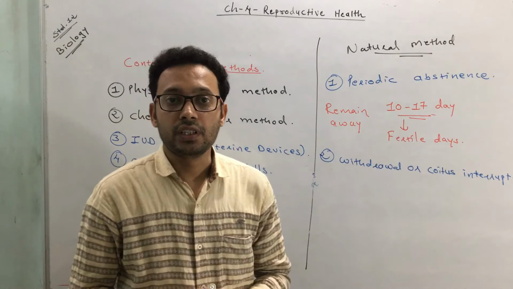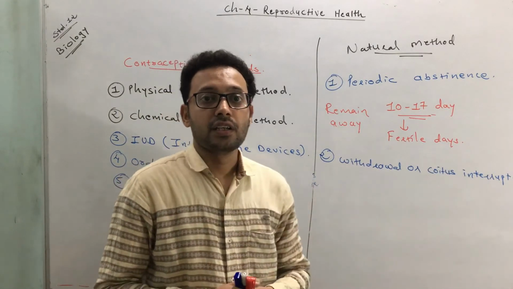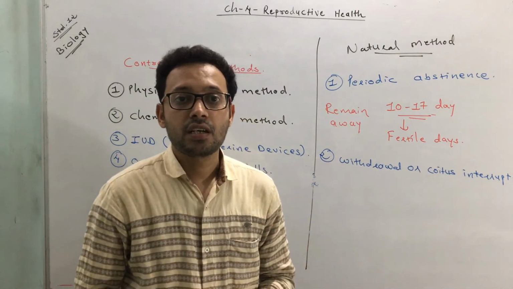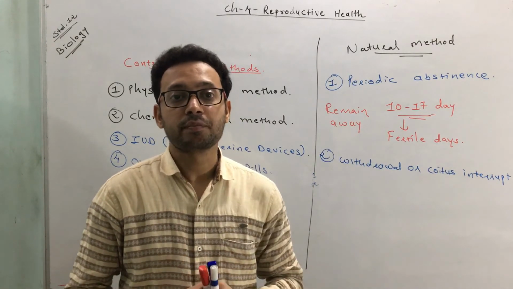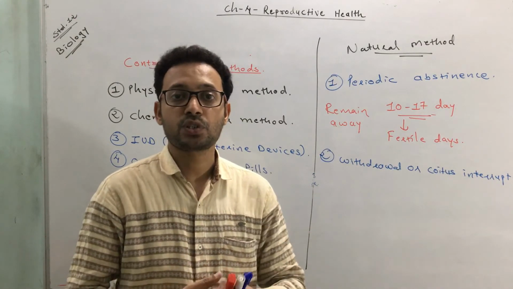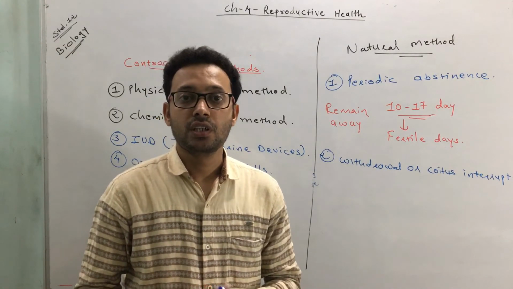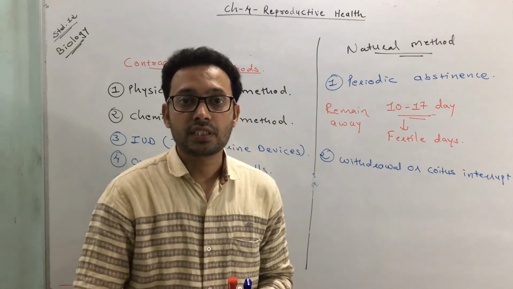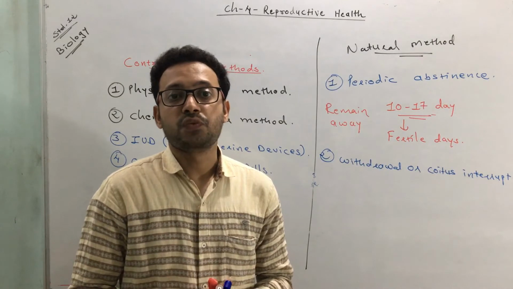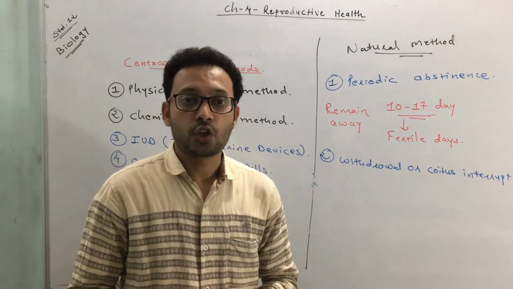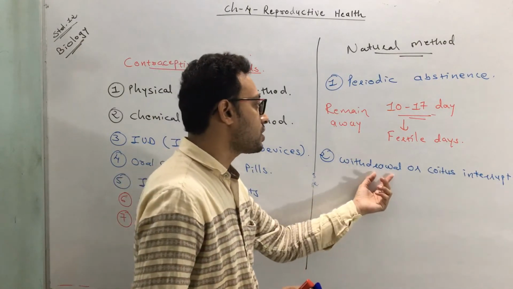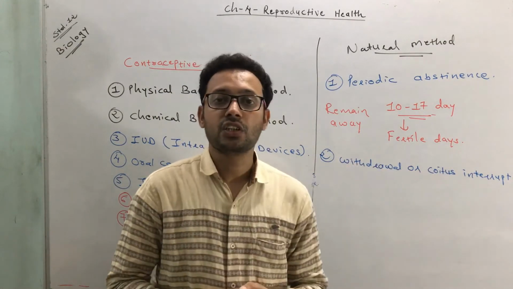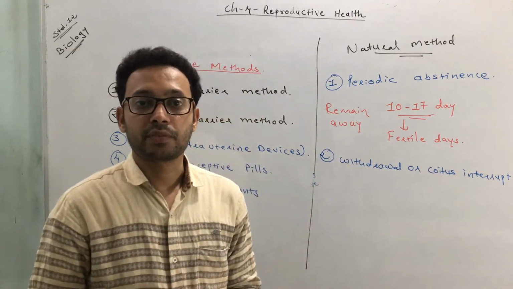In withdrawal, the male partner withdraws his penis from the vagina just before ejaculation, the release of semen. That process is called ejaculation. So before the release of semen, the male partner withdraws his penis from the vagina. This is called withdrawal, or coitus interruptus.